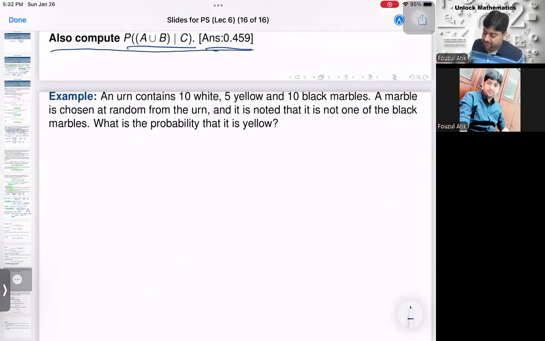Very interesting one. So first you denote the event by some alphabet. Suppose W is the event that if you randomly select, you will get white. Similarly, let Y be the event that you will get a yellow marble, and B is the event that you got a black marble.